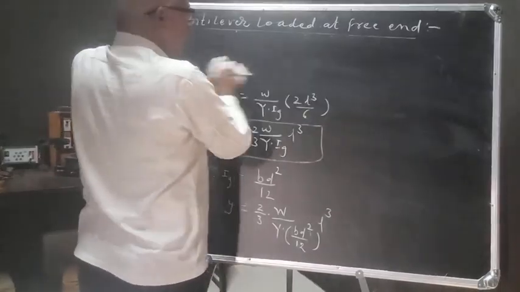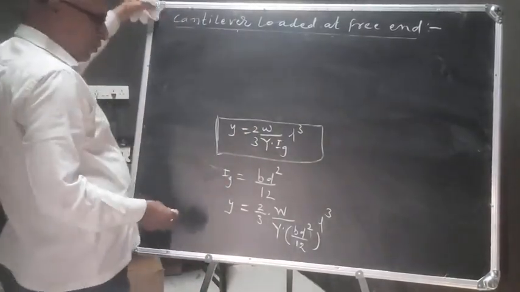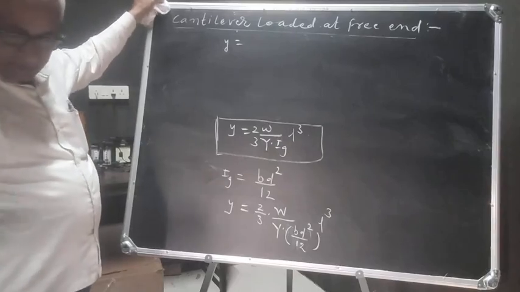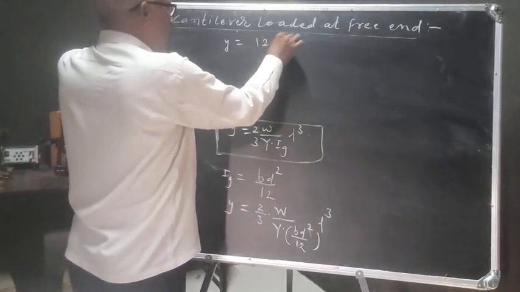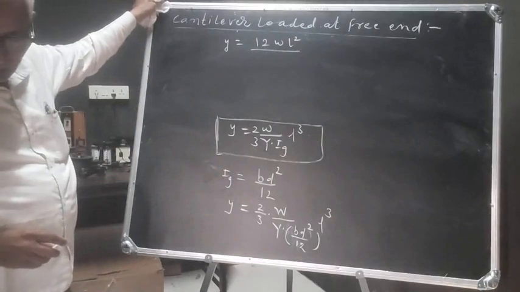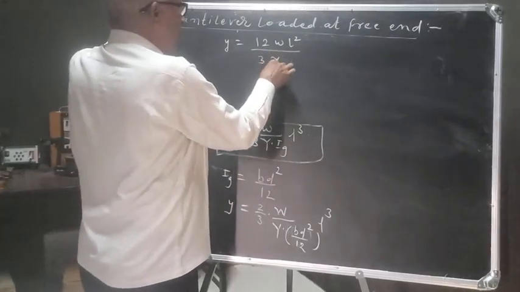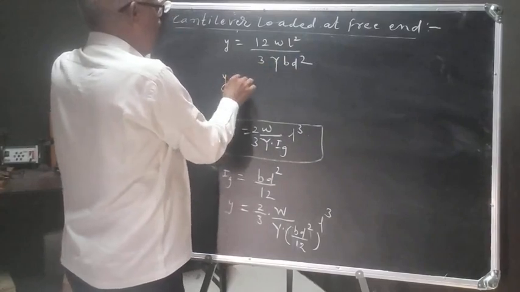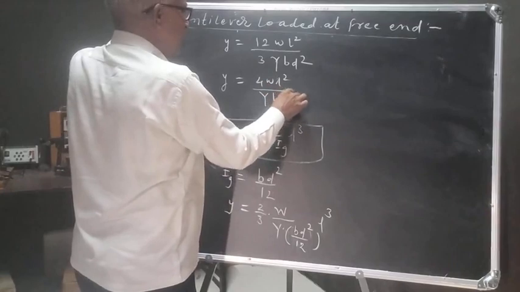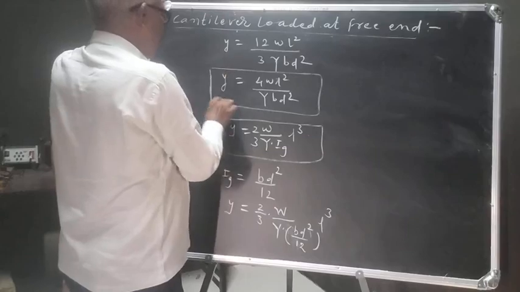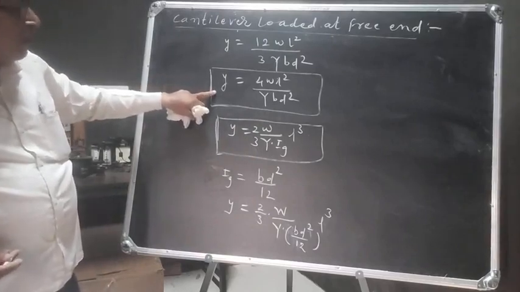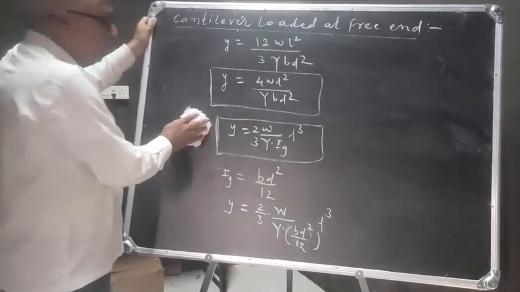Simplifying, y equals 4 W L cube upon Y b d square. With the help of this equation we can calculate the depression of a beam whose cross section is rectangular.